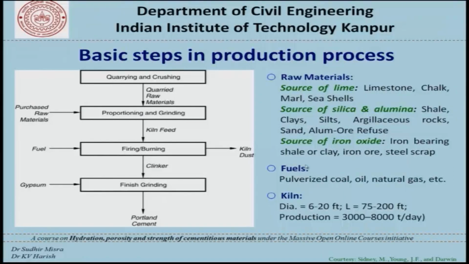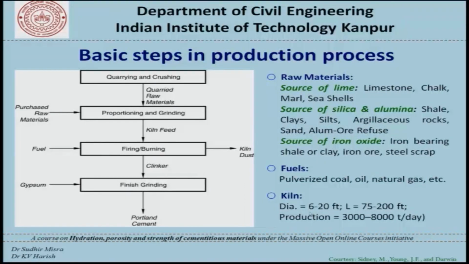Now, during the burning process, fuels are used, and primarily pulverized coal, oil and natural gas are popularly used. In addition, the burning process takes place in a rotary tube, many times referred as a kiln, and the typical dimensions of the kiln are also provided for information purpose.